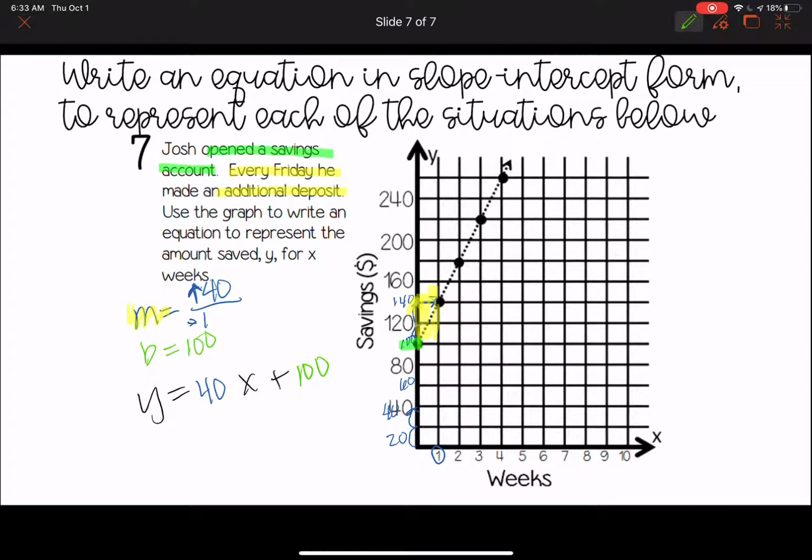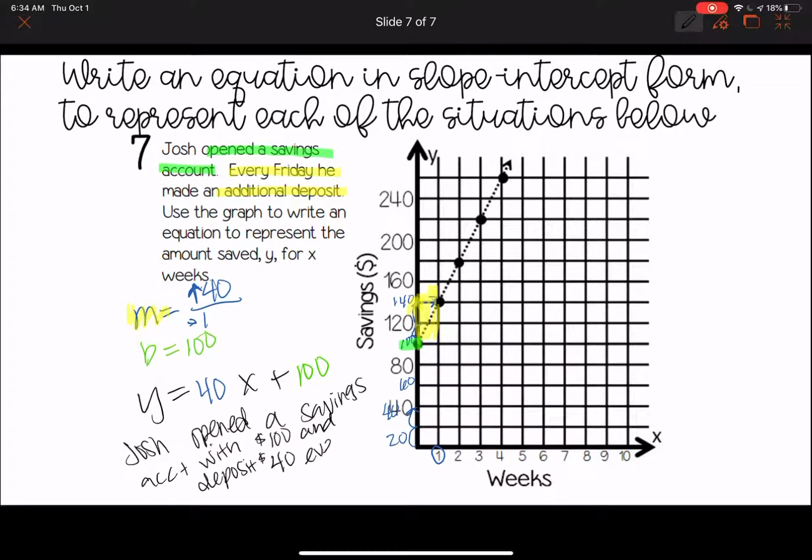Now, I do want you to write a sentence about this. And the sentence would be that Josh opened a savings account, and you'll notice I'm abbreviating, with $100 and deposits $40 every Friday.